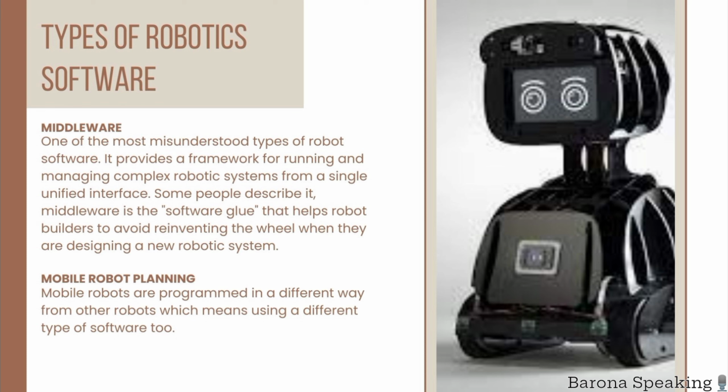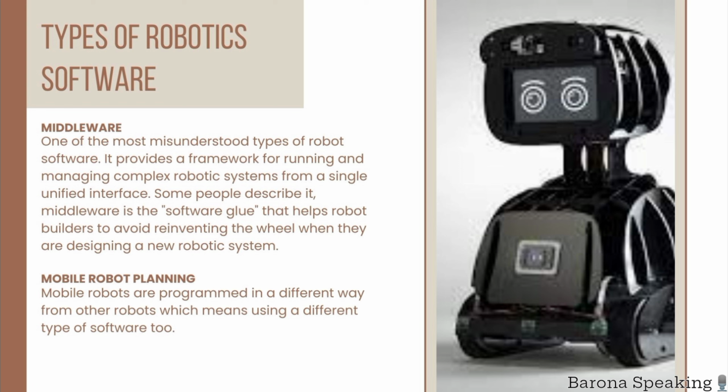The third one is middleware, one of the most misunderstood types of robot software. It provides a framework for running and managing complex robot systems from a single unified interface. Some people describe middleware as the software glue that helps robot builders avoid reinventing the wheel when they are designing a new robotic system.